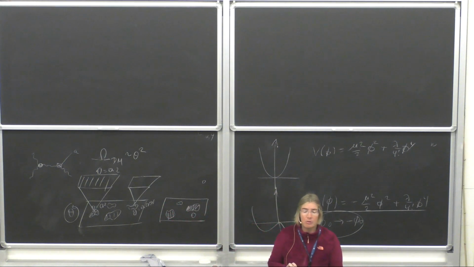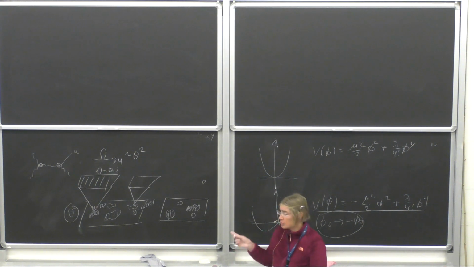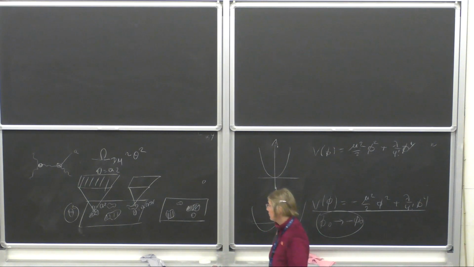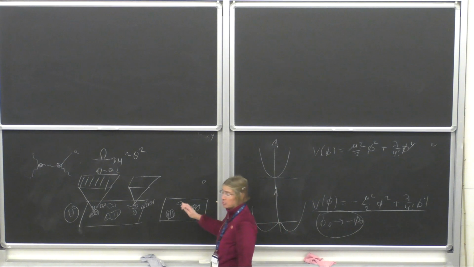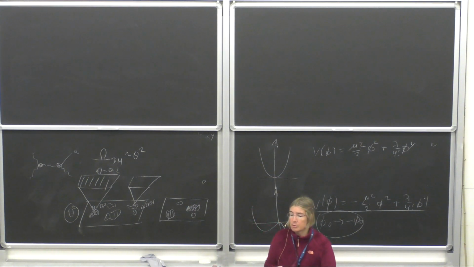They decay, some of it's relativistic, some of it's not. But the main production mechanism, in both cases, is still vacuum misalignment. In the first case, that's the only mechanism. In the second case, you also have to deal with the fact that you have some weird topological structure here. And when they decay, they also produce axions as well.